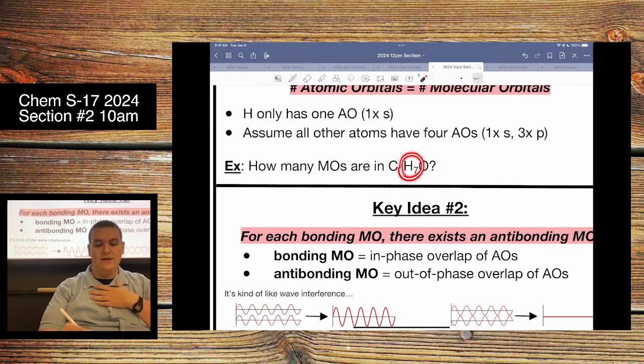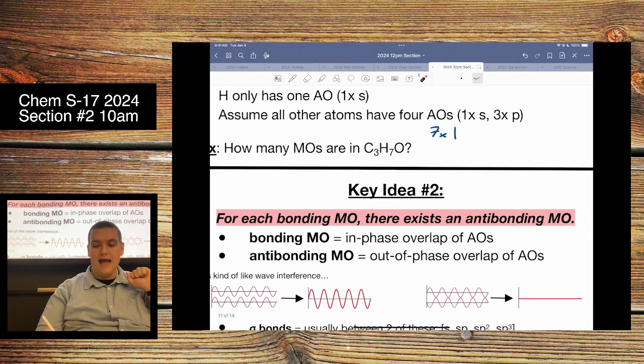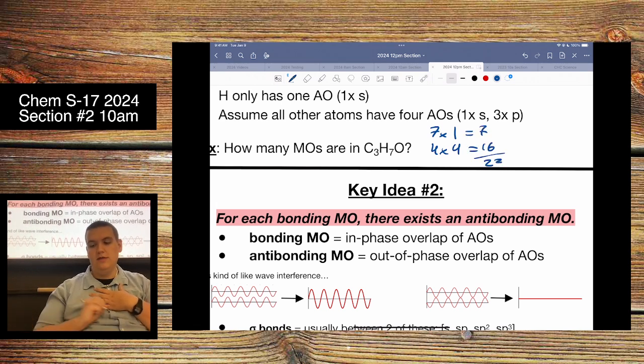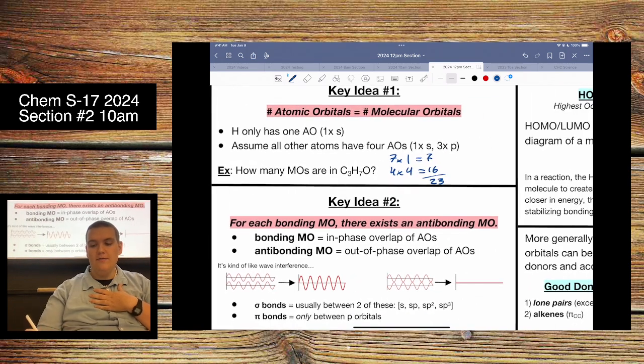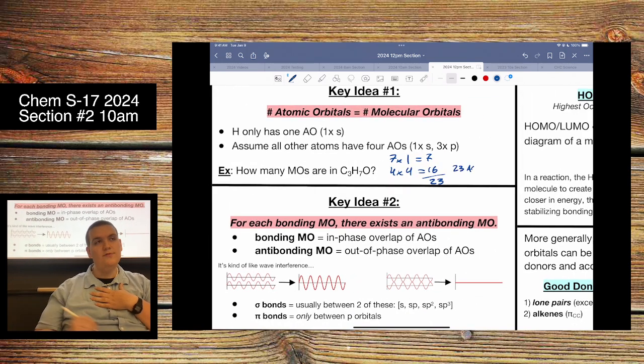Well, we have 7 hydrogens, so we have 7 that each have 1 atomic orbital on it. And then how many atoms do we have that have the 4 atomic orbitals? We have 3 carbons, 1 oxygen, so we have 4 that are each supplying 4 atomic orbitals. So this is 7 and 16, 23. So we know that we have 23 atomic orbitals.